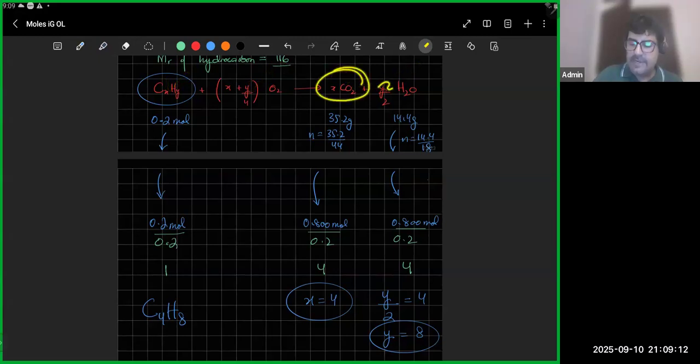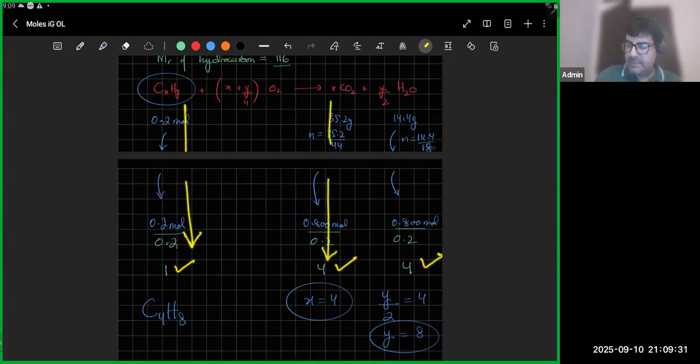They give us the amount of carbon dioxide or the amount of oxygen or the amount of hydrocarbon, right? And we figure out the moles of each one of them. And using those, we have figured out the simplest whole number ratio in which they're reacting. So by comparing this with this, this with this, and this with this, we are able to figure out what the hydrocarbon is.